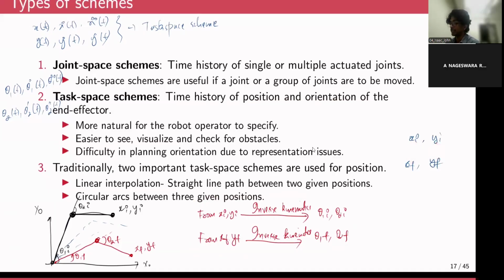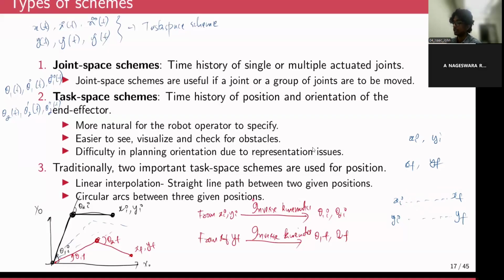So you generate a set of x points: xi, all the intermediate points, then xf. Then you plan a y trajectory: yi, all the intermediate points, and then yf. Then you do the inverse kinematics for all these points, the start and intermediate points, find the joint variables, and plug them into the motors as inputs.